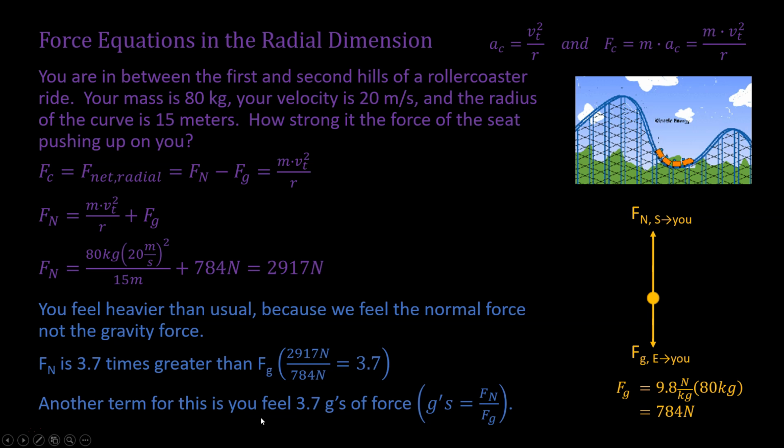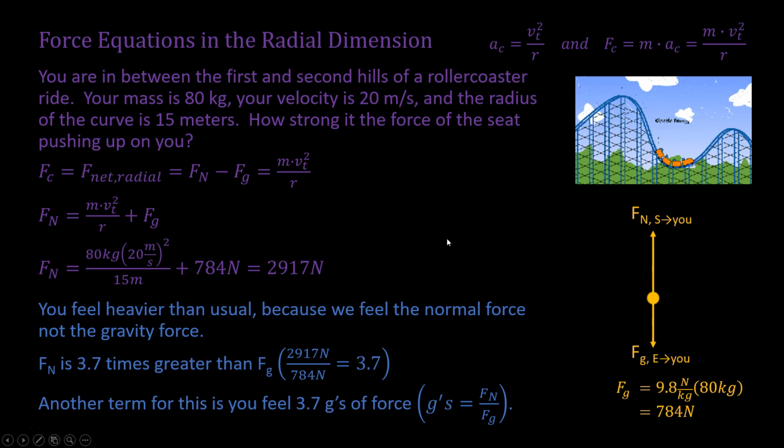If you have studied aviation, you'll hear about fighter jet pilots and the number of G's of force that they experience when they go through a tight, fast turn. The formula for calculating the G's of force is simply the normal force divided by the gravity force.